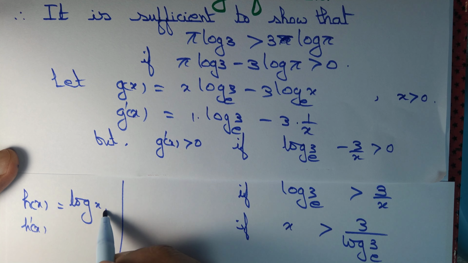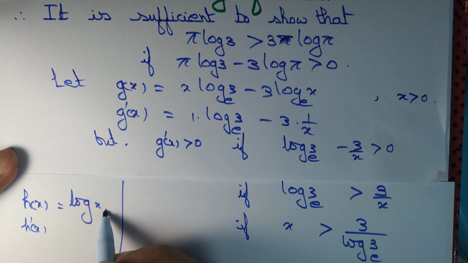If you take a higher number, 3 is bigger than e, so h of 3 is greater than h of e. So log 3 is greater than log of e with base e, which is 1. So this quantity in the denominator is greater than 1, so this quantity is less than 3.